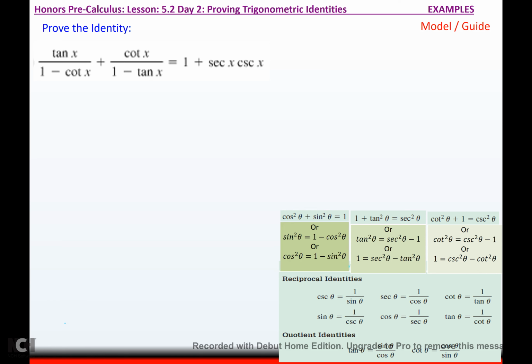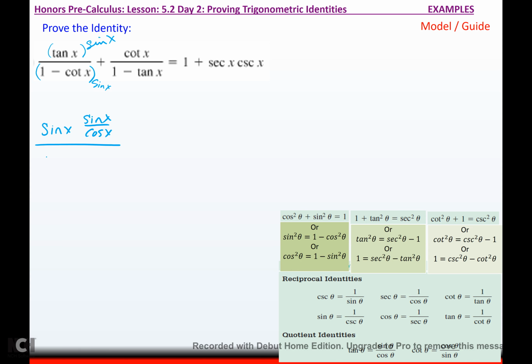For whatever reason, maybe it'll become clear in a minute, I multiplied the top and the bottom of this by sine x. So that would give me sine x times sine x over cosine x, if I change tan.